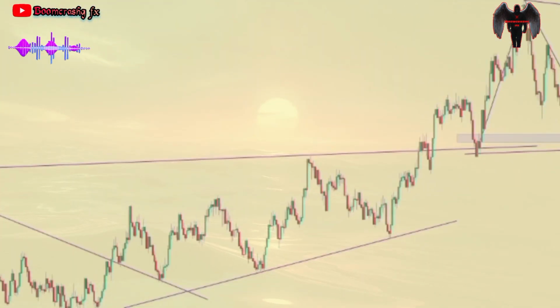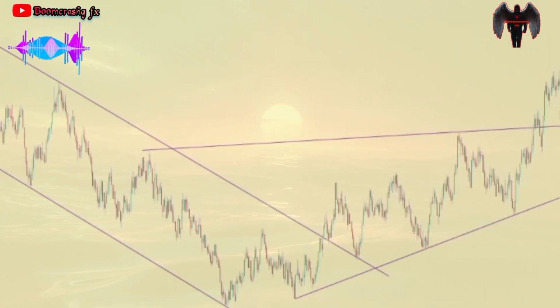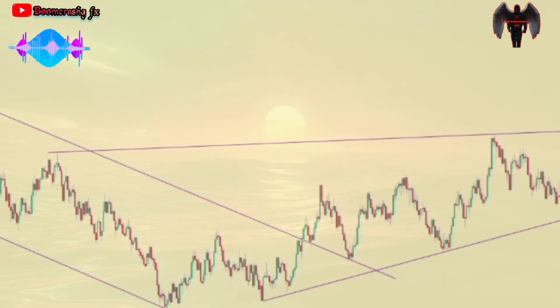So also we have it here. Having identified our strategic highs and lows in the market, I have identified this price channel in the market.